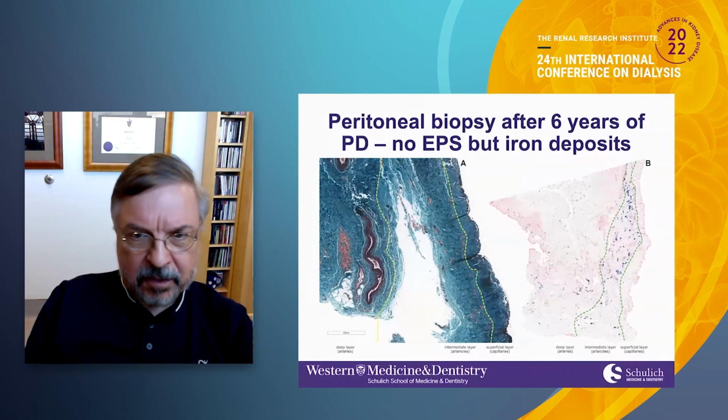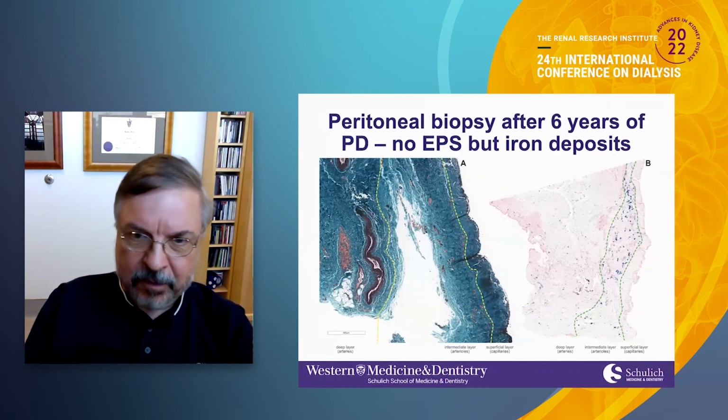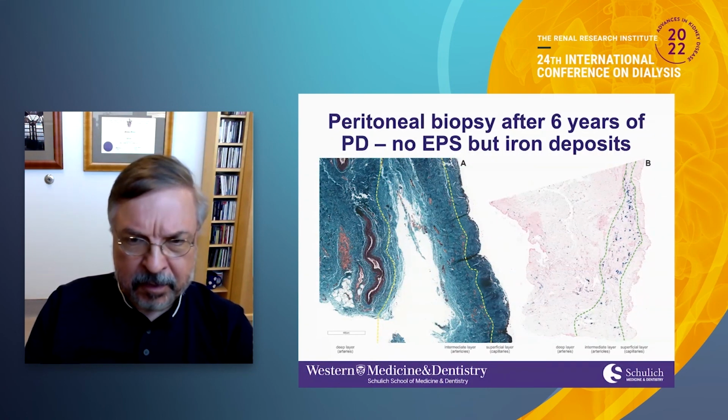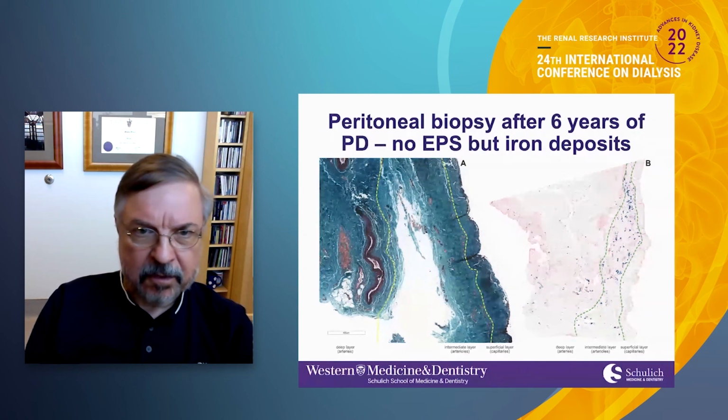And here's another stain that was interesting because there was a need for IV iron for some part of her peritoneal dialysis. And even though her ferritin was normal at the time of this, there was considerable hemosiderosis. Next.